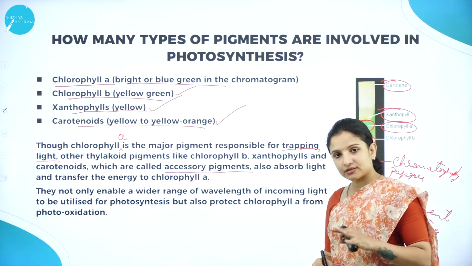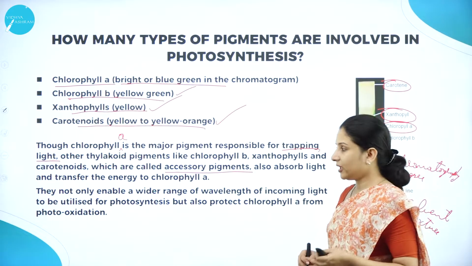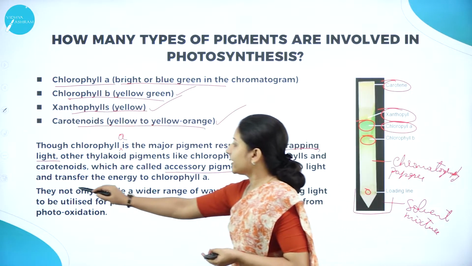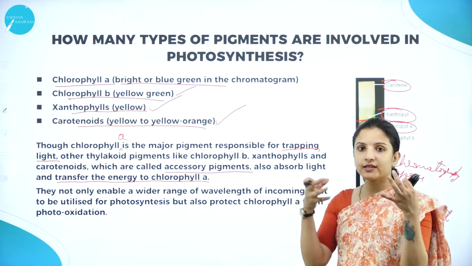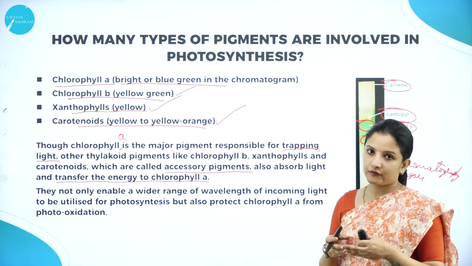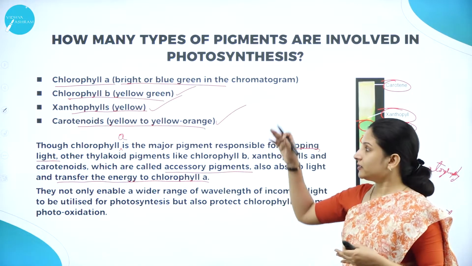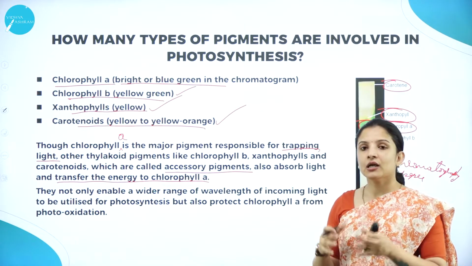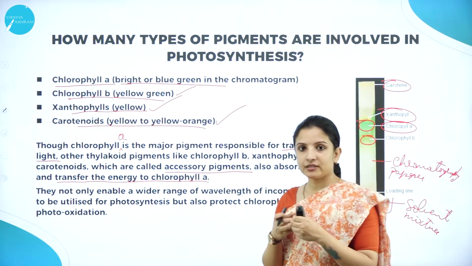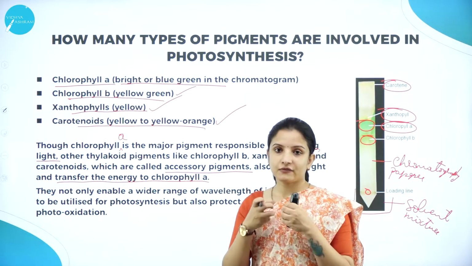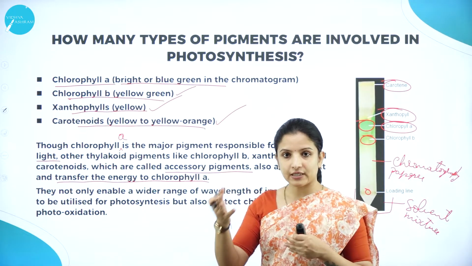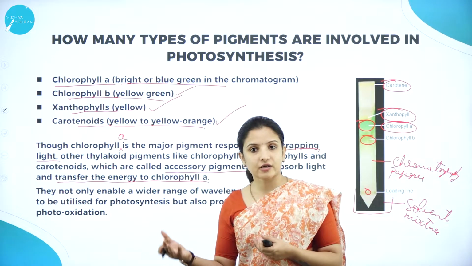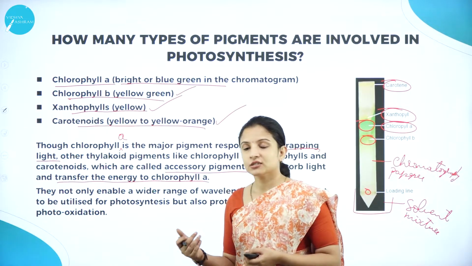Because they also absorb light and help in the transfer of energy to chlorophyll A. Much of the light is absorbed by chlorophyll A, but the other three pigments also help in trapping the light, and whatever excess light they have trapped, they give that energy to chlorophyll A so that it can perform photosynthesis smoothly.